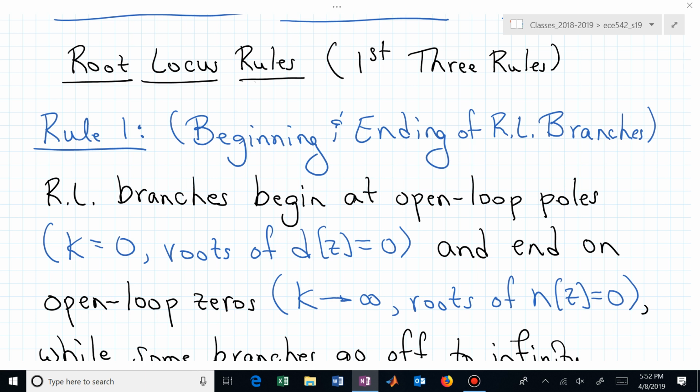Rule 1 is, where do we start and where do we end on a root locus diagram? First, how many branches do we have in our root locus diagram? How many branches do we have?